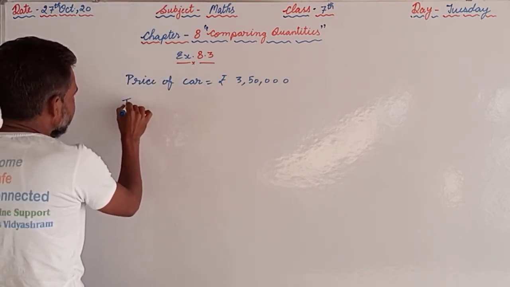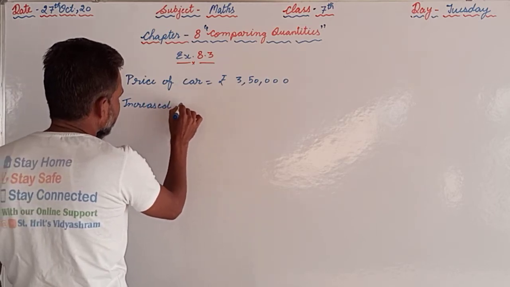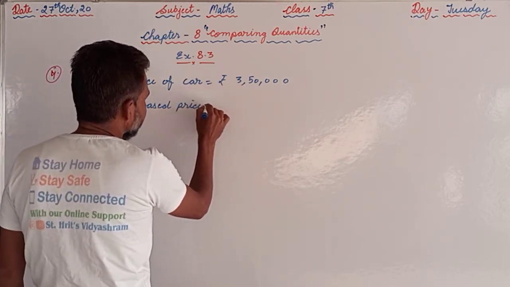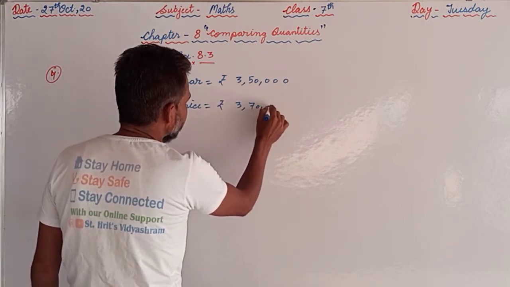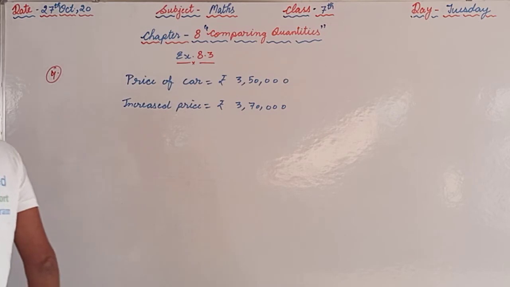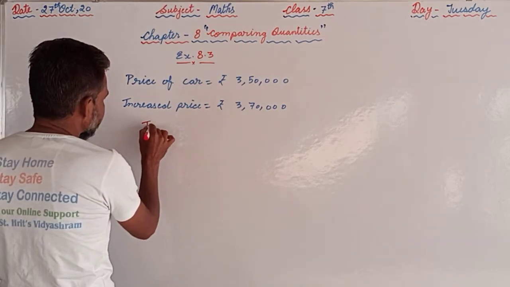The price was increased and it became 3,70,000. So we are supposed to find the percentage of the price increase. So first of all we will find the increase in the price.